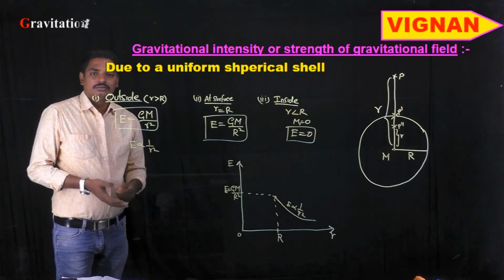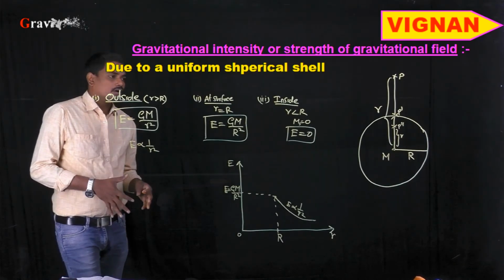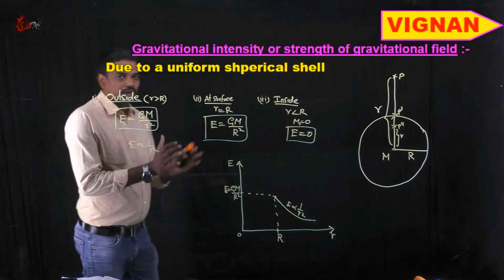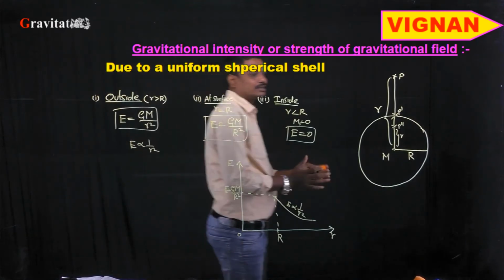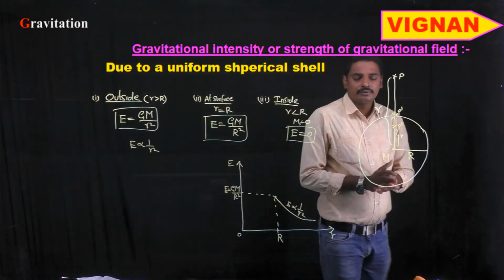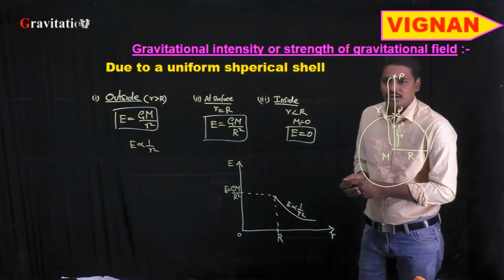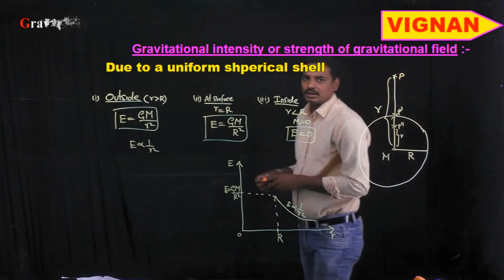Okay, so now for the earth surface I need to calculate the intensity of the gravitational field, or the strength of the gravitational field, on the surface of the earth.